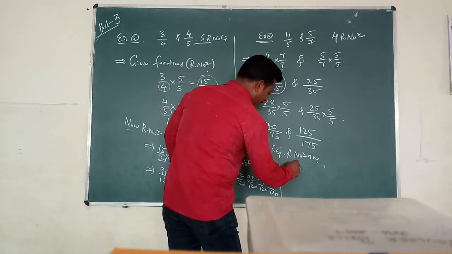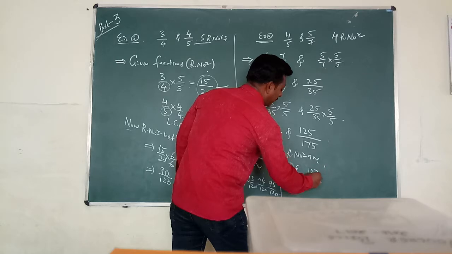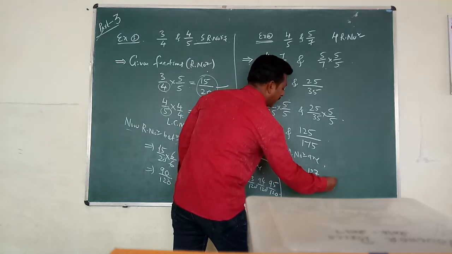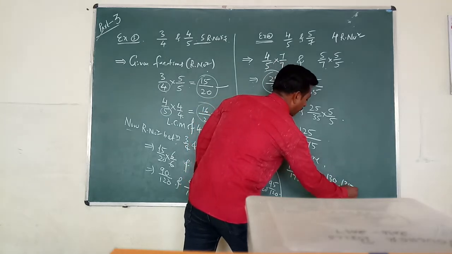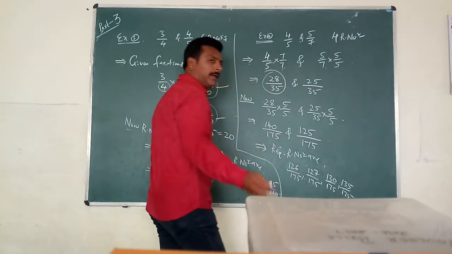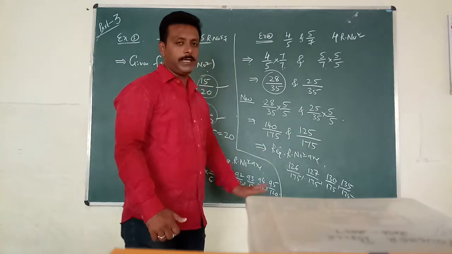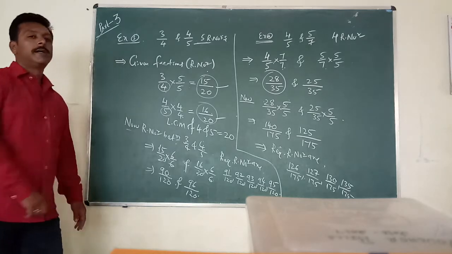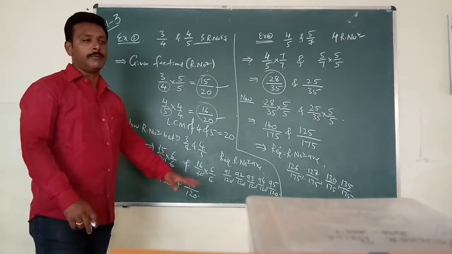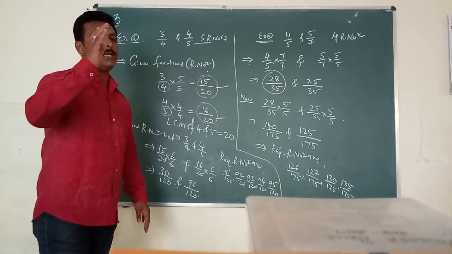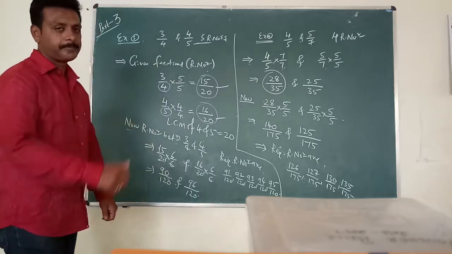Okay, so 126 by 175, 127 by 175, you can take 130 by 175, 135 by 175. Any number you can take in between 125 and 140. Like this, we can find the required rational numbers between two given rational numbers. Similar type of questions are there in your textbook's first exercise. Let's go to the first exercise.